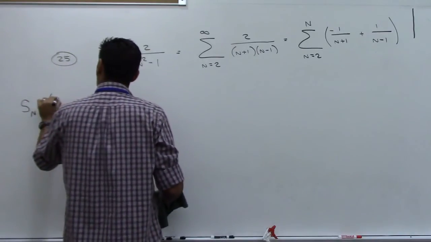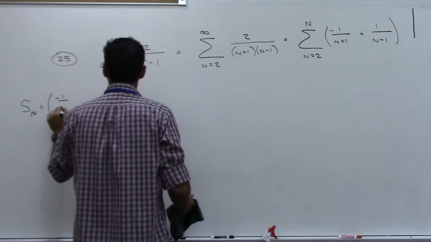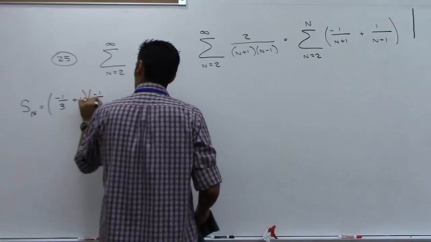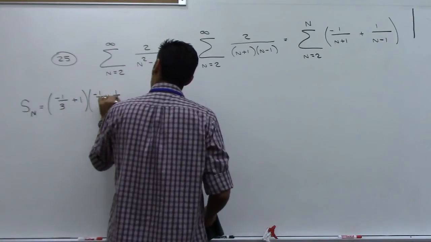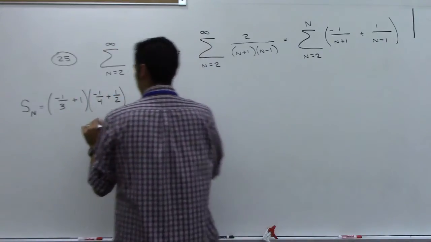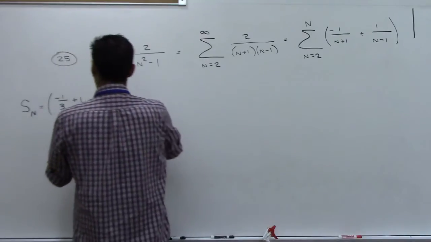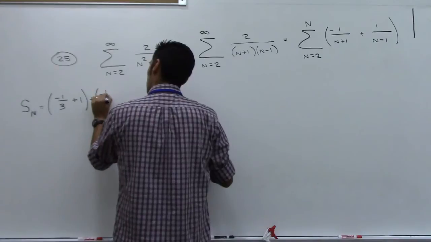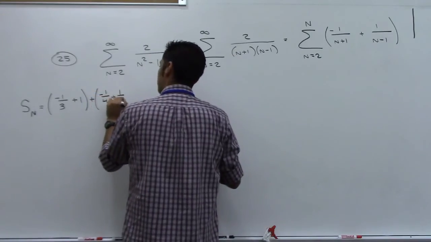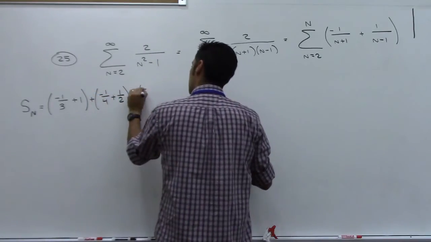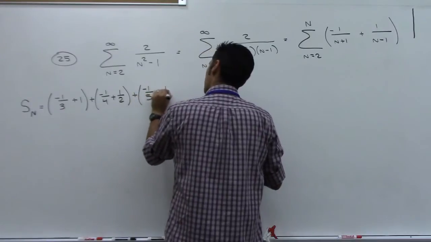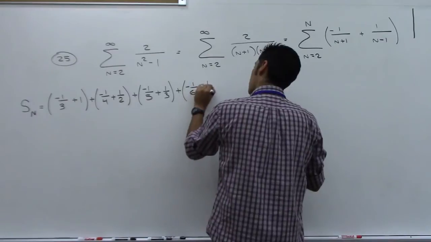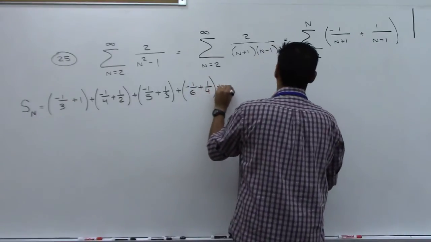It was negative 1 over 3 plus 1, and then negative 1 over 4 plus a half, and then negative 1 over 5 plus a third, and then negative 1 over 6 plus a fourth, and plus dot, dot, dot.